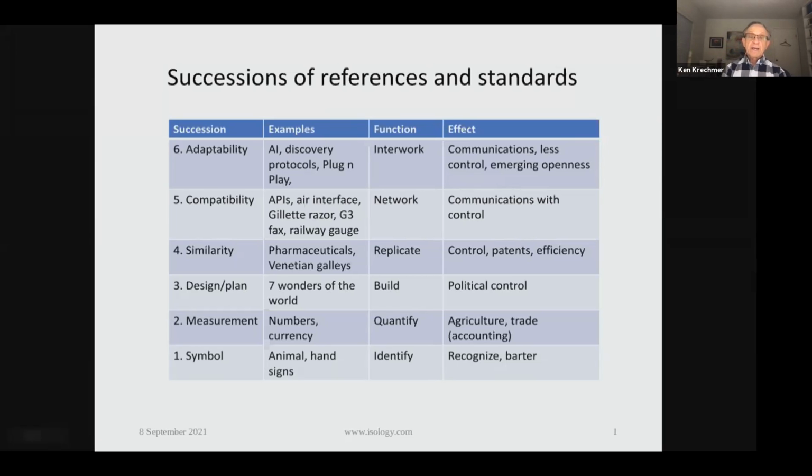To give you some idea of how significant that was, in Corsica, which is at a similar latitude, not so far away, the rate of production of a galley from the shipyard in Corsica was 1 per year. The rate of production in Venice was 1 per week. That was created by similarity standards.